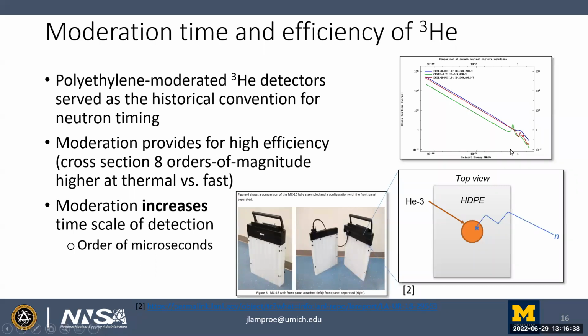You can see the difference between the fast energy range and the slow energy range: you're about 8 orders of magnitude more probable to have interactions with the slow moderated neutrons than without the moderator. It also increases the time scale of detection to an order of microseconds.